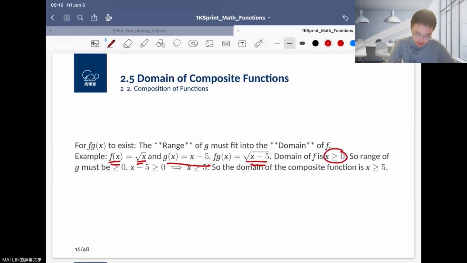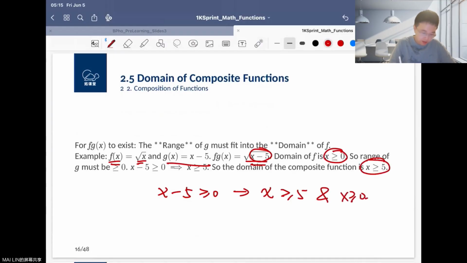The domain of f is x ≥ 0, but here you also have to obey the rule x − 5 ≥ 0, which gives x ≥ 5. You have to obey x ≥ 5 and x ≥ 0 at the same time. So finally, we choose x ≥ 5 as our domain, okay?